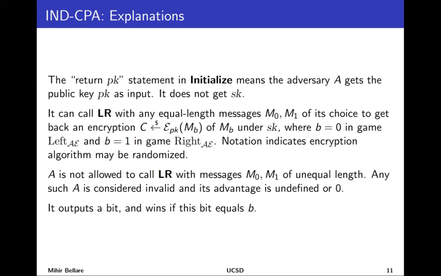Remember that you can only call the left or right oracle with equal length messages. If you use messages of unequal lengths, your adversary is simply invalid, and its advantage is either undefined or just 0. Remember that encryption can be randomized. It's a good exercise to go back and see that if encryption were deterministic, it would be very easy to violate this security definition.